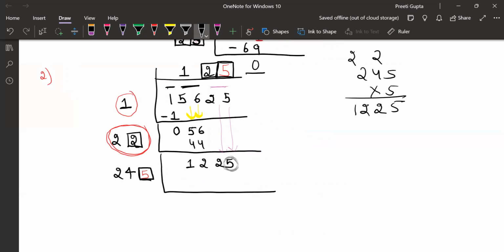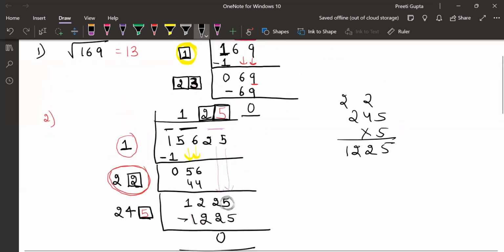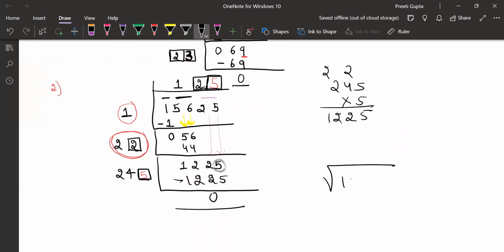Perfect. So I got my number 1225, 245 into 5. So the remainder comes 0. So that means the square root of 15,625 is 125.